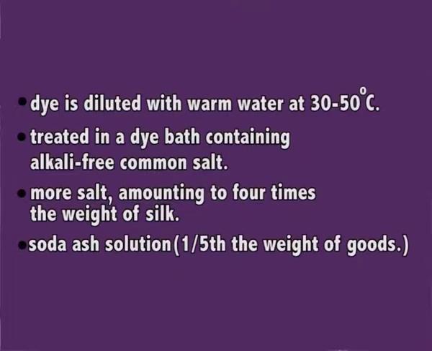More salt, amounting to 4 times the weight of silk, is gradually added in the first half hour, and then an appropriate amount of soda ash solution, 1/5 of the weight of the goods, is added in stages over the next 20 minutes. Dyeing is carried out for a further period of 30 minutes. The goods are finally washed in a soap solution containing a small amount of common salt and soda ash.